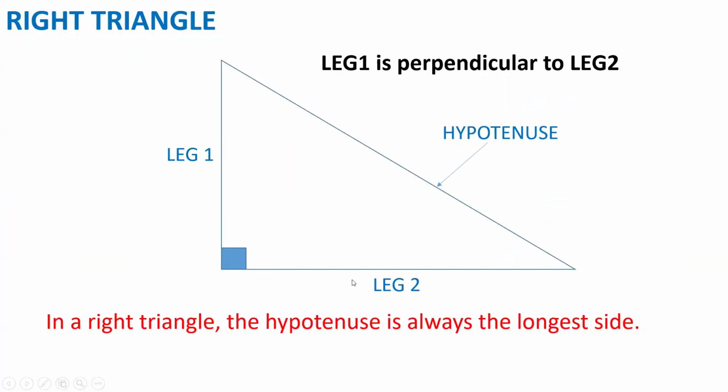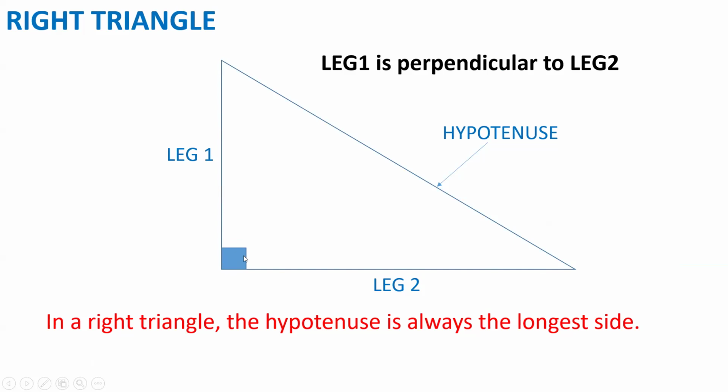Now, what's a right triangle? We all know that in a right triangle, there exists a right angle. So these two sides, which I will call leg 1 and leg 2, since they have a right angle in between, then we say leg 1 is perpendicular to leg 2. Then leg 1 and leg 2 are two perpendicular lines.